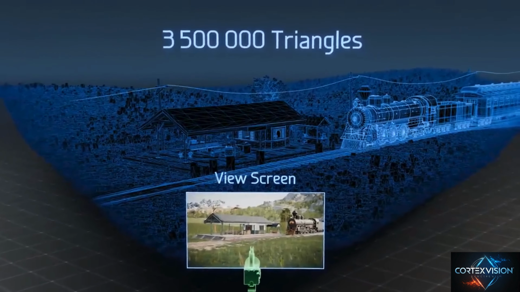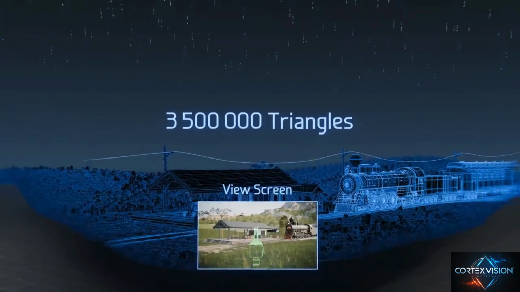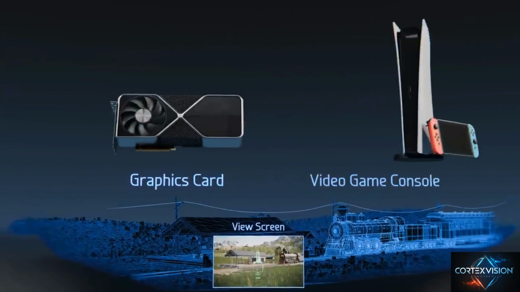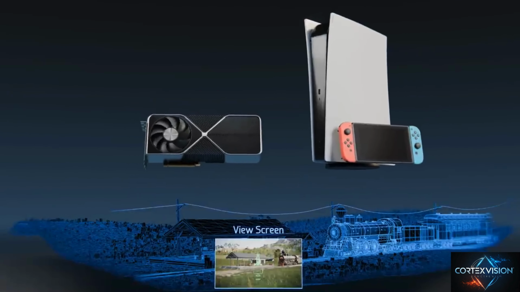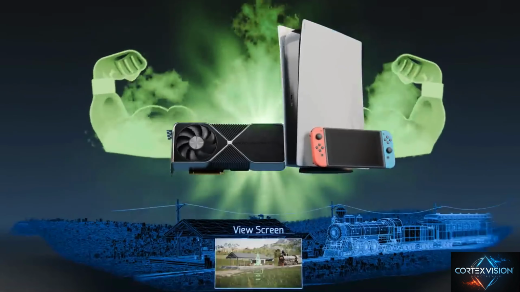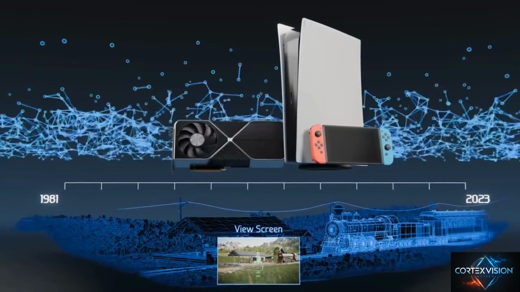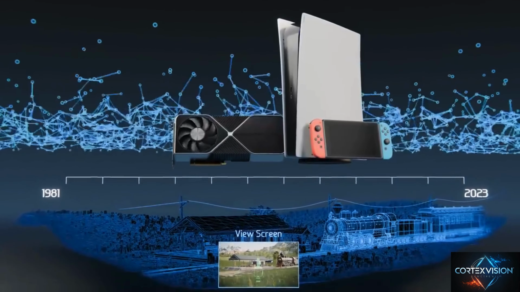This is an incredible amount of matrix math, but GPUs and graphics cards and video game consoles are designed to be triangle mesh rendering monsters, and thus have evolved over decades to handle millions of triangles every few milliseconds.